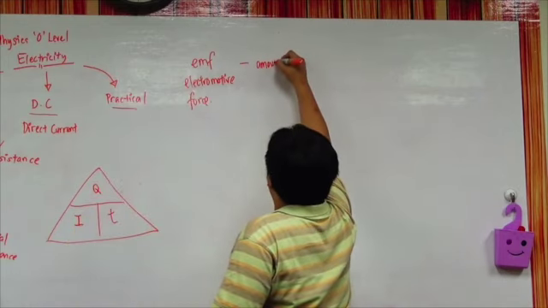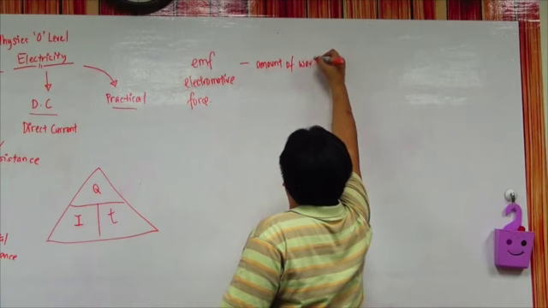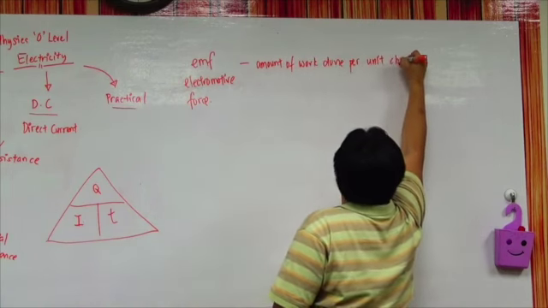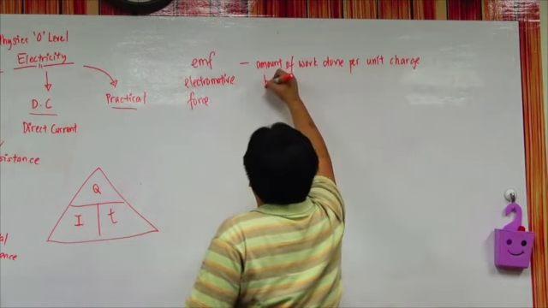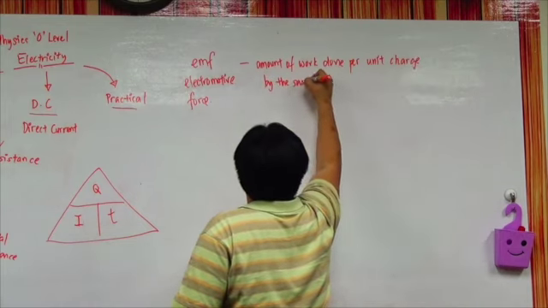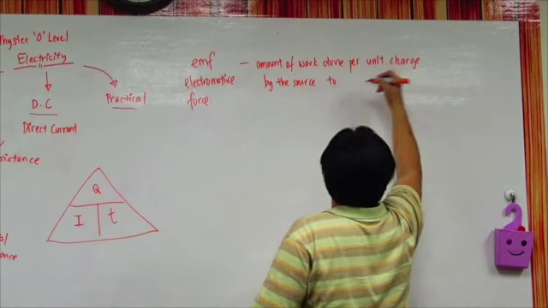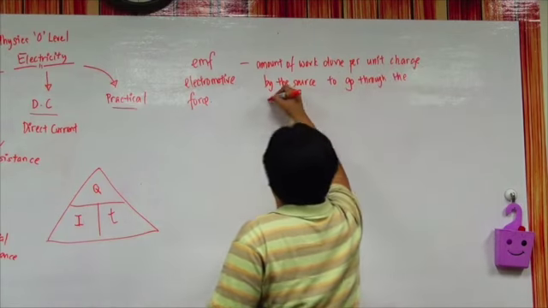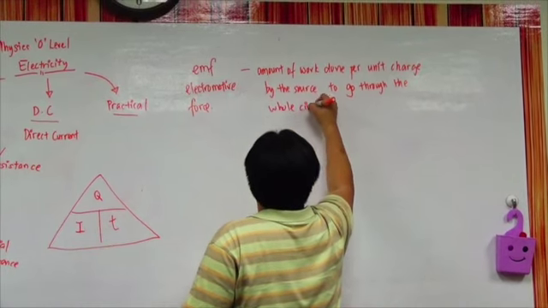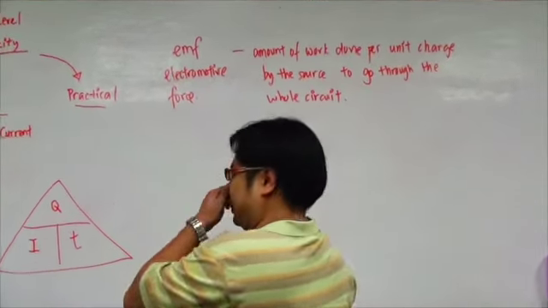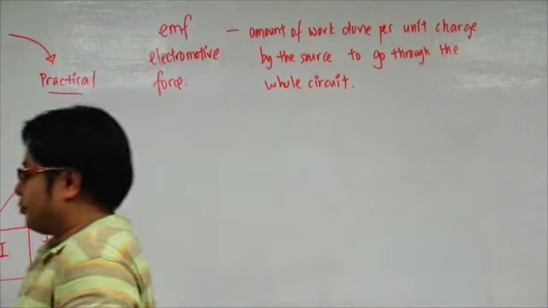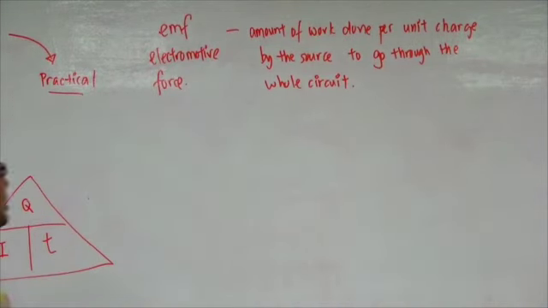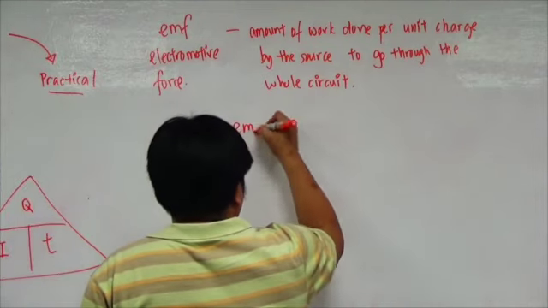It's the amount of work done per unit charge by the source to go through the whole circuit. Alright? So, wow, very big words. So, what is the formula for EMF?